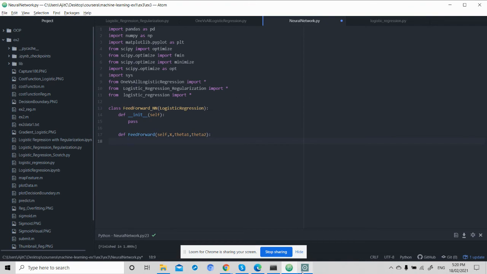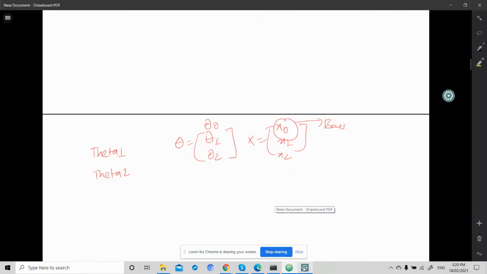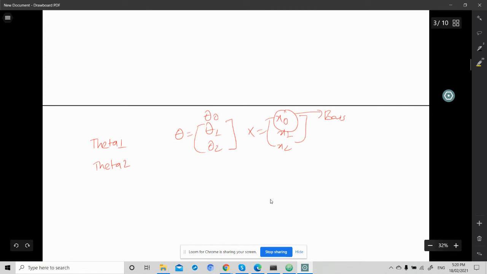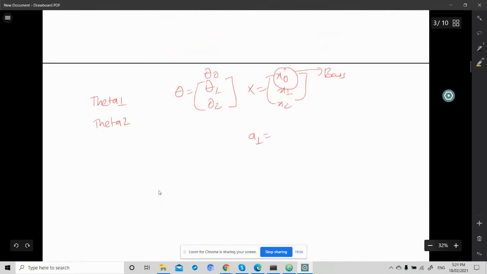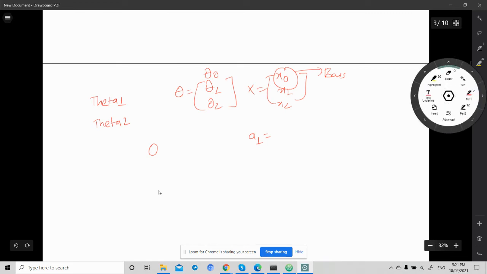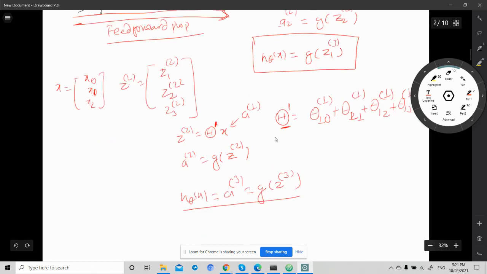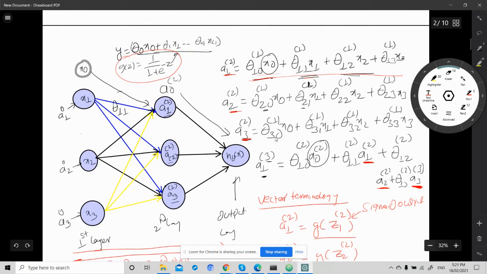So what we did first was, first we compute a1. So a1 here is this.